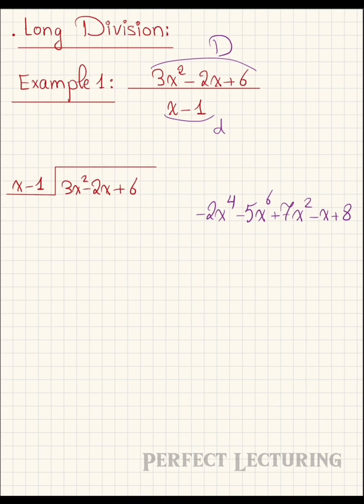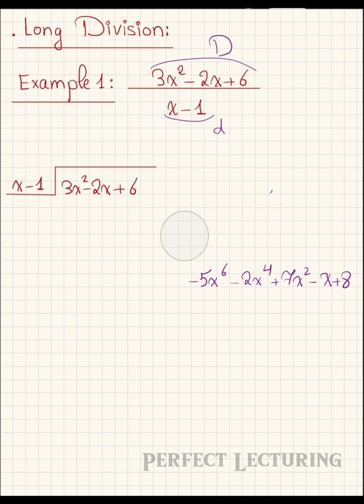I must first make sure that it's arranged in descending order of exponents. So I write it as negative 5x to the power of 6, because 6 is the largest exponent in this expression. Then we have negative 2x to the 4 plus 7x squared minus x plus 8. After doing this, I just continue with the algorithm. So please make sure to check that the polynomial is arranged in descending order of exponents.